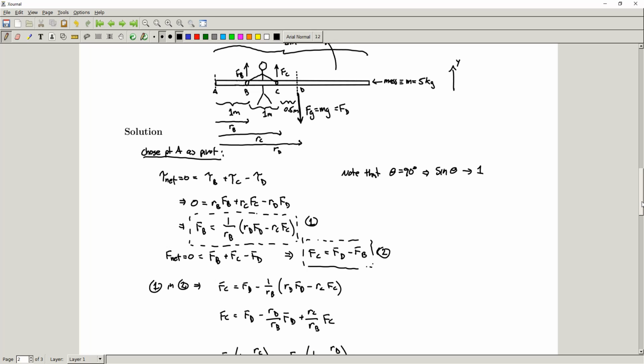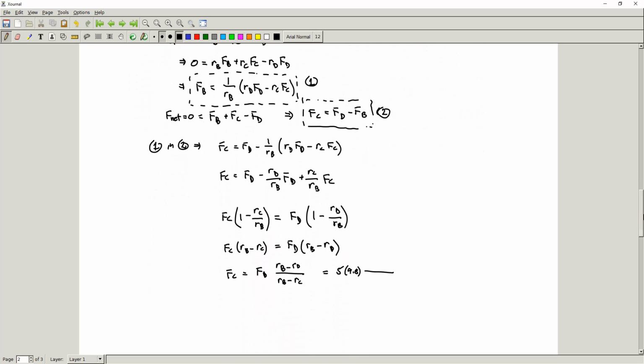RB is simply going to be 1 meter, and RD is 2.5 meters, right? We can see that from here. Maybe I'll write that in. 1 meter. RC is 2 meters, and RD is 2.5 meters, okay? And so RB at 1 meter minus 2.5 meters, and then again RB minus the 2 meters from RC, okay?